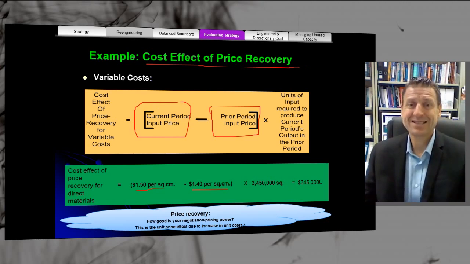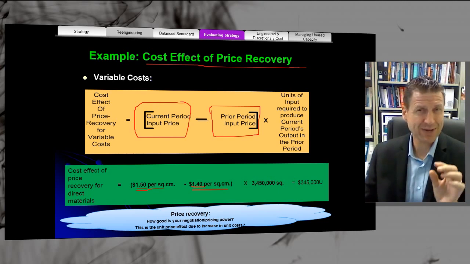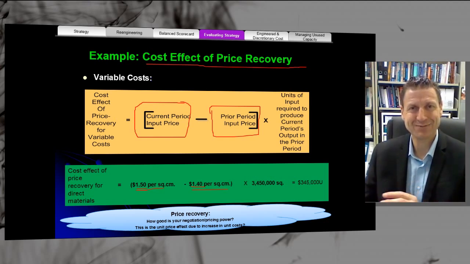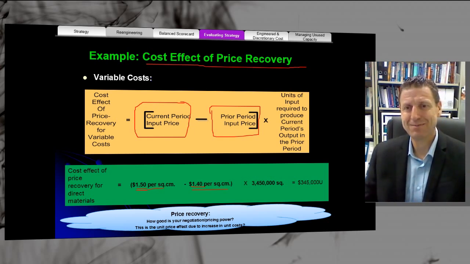If we take that difference, we know it's going to be favorable or unfavorable. Well, the current period you're paying $1.50, the prior period you're paying $1.40. So immediately you know it's going to be unfavorable. Your negotiation skills were not up to standard compared to the prior period. There may be other reasons, of course, but this is the signal that is given to top management.